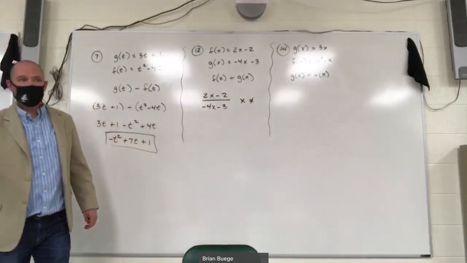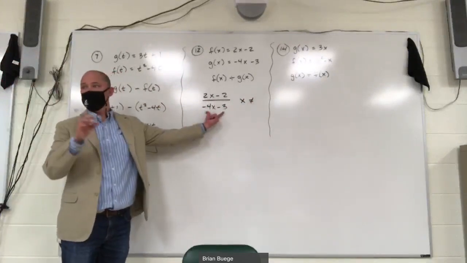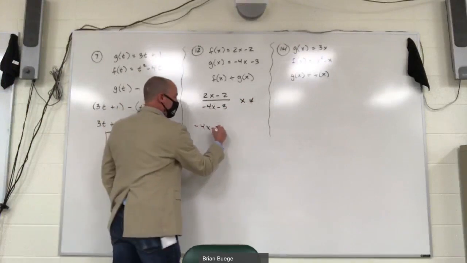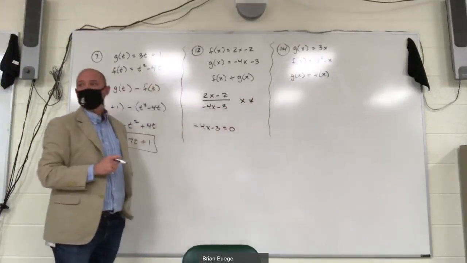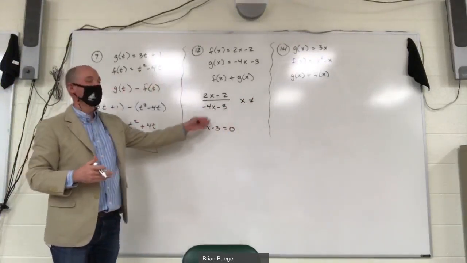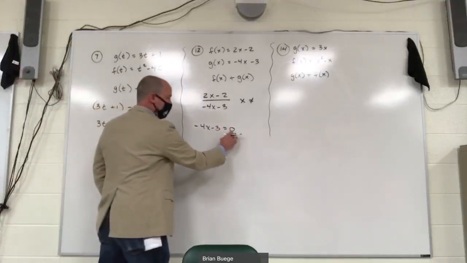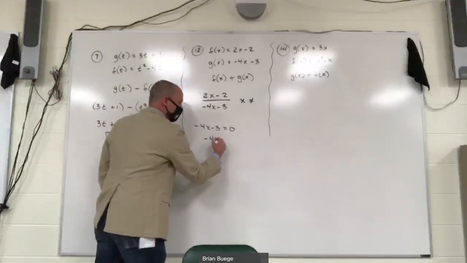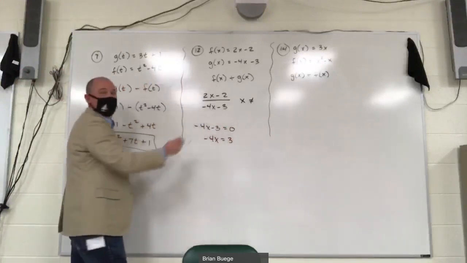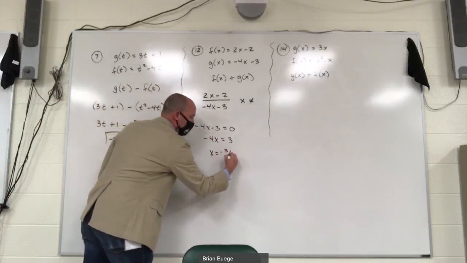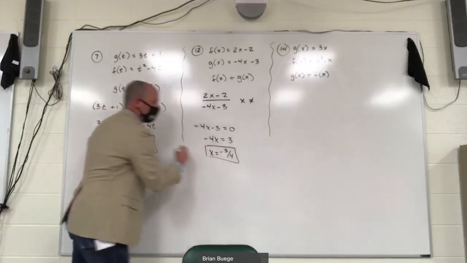The easiest way to do it, just take the denominator and set it equal to 0. If I take negative 4x minus 3 and set it equal to 0, now I can figure out what value of x would give me 0 in the denominator. Meaning, add the 3 over, divide both sides by negative 4, and we end up with negative 3/4 as our answer.